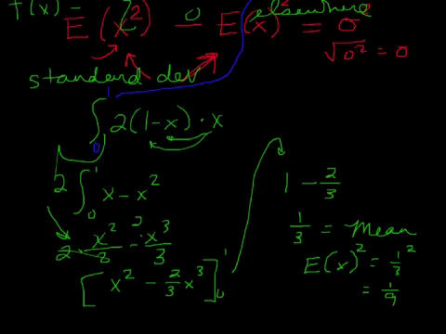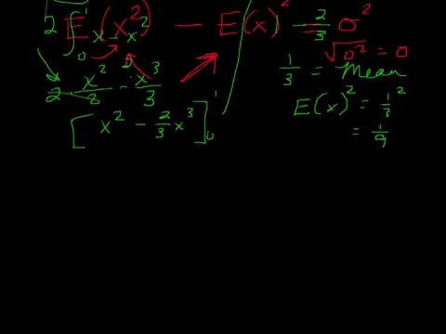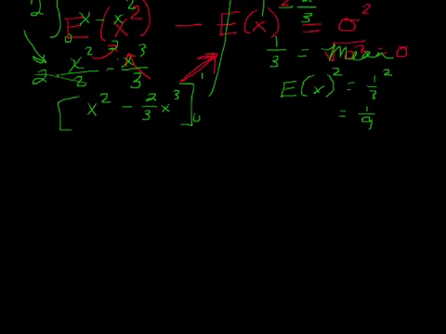So we're going to take the same function, only now we're going to multiply it times x squared. I'm going to rewrite the formula up here where we can see it. The expected value of x squared minus the expected value of x, only that quantity squared. That gives us the variance. That's what we're working on, and then we're going to take the square root.